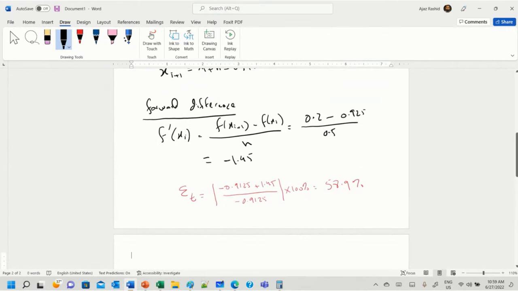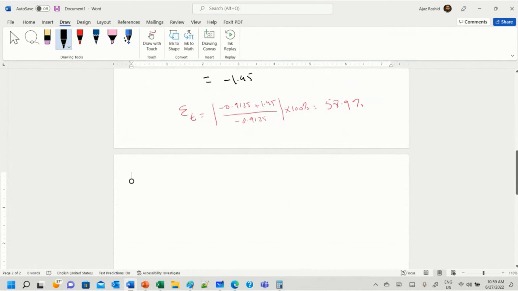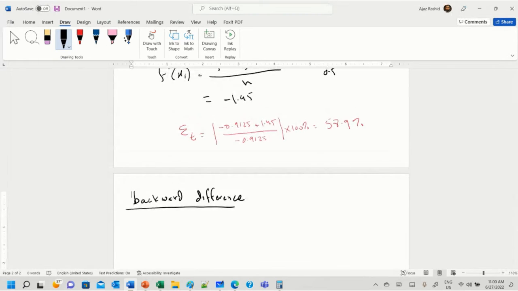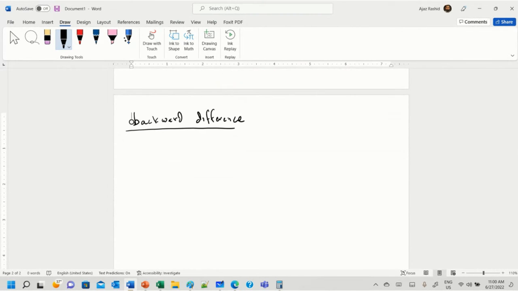Now going to the backward difference. It says the derivative is function at xi minus the function at xi minus 1 divided by the step.